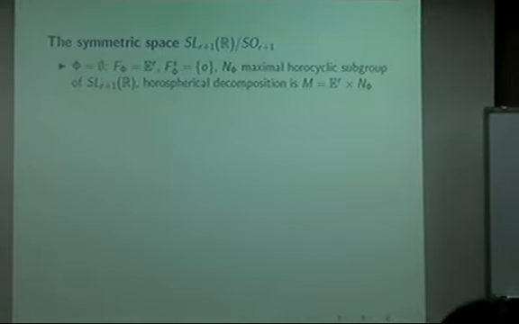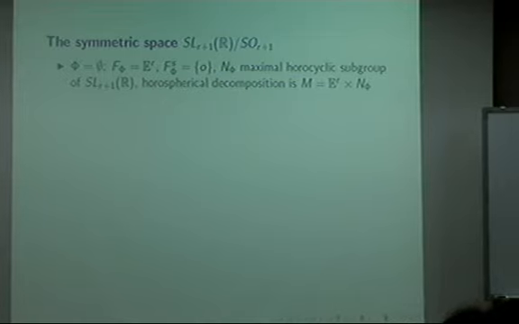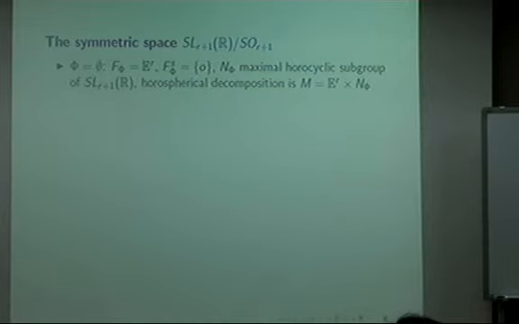So let's see what this gives us for our model symmetric space, SL(r+1,R) over SO(r+1). When we choose phi the empty set, then A phi is the Euclidean space of dimension r. The semisimple symmetric space is just a point. N phi is this maximal horocyclic subgroup.